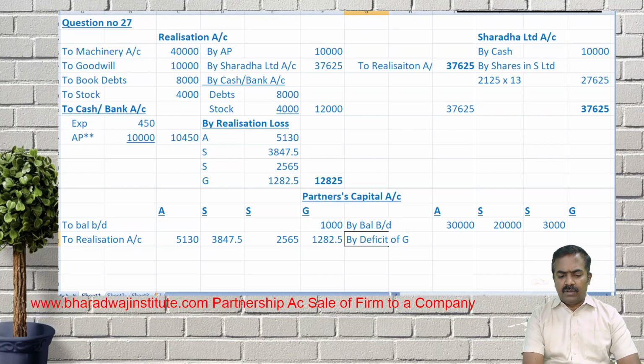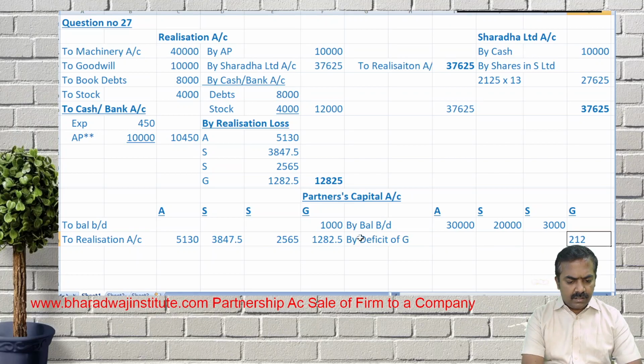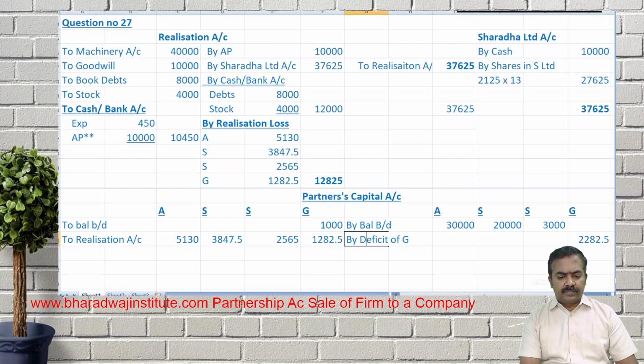How much is G's deficit? 2,282.5. This should be borne by whom? It will be transferred to A and S. In which ratio?